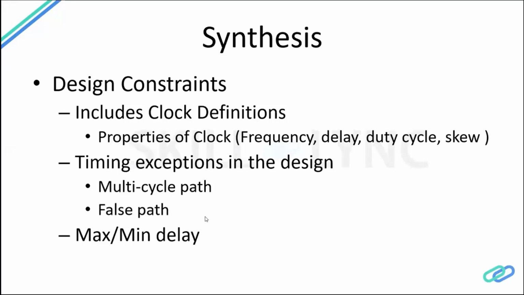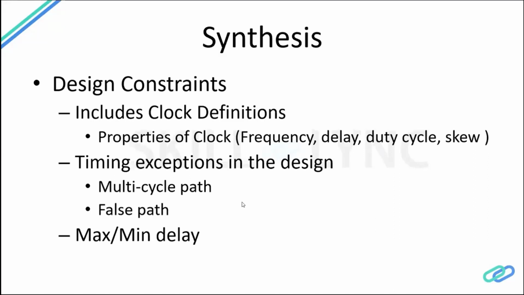A multi-cycle path is, say, from point A to point B. For example, you are implementing a multiplication in the design. We know that multiplication might not happen in one clock, but generally for a tool, every point A to point B has a flop. So for a tool, a path goes from one synchronous module to another, from a flop to a flop.